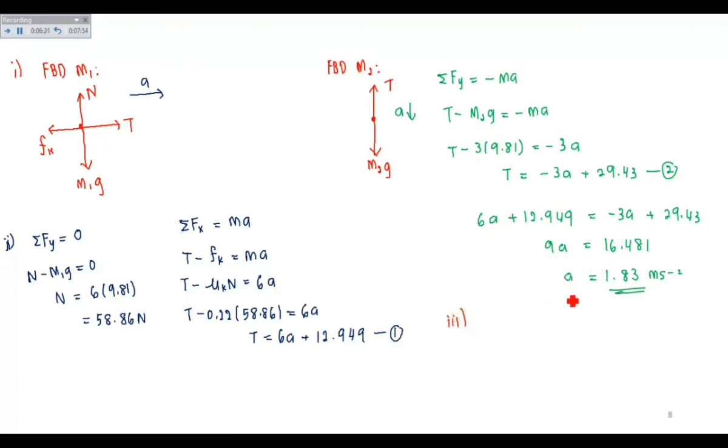So saya masukkan value of A into first equation. So T equals to 6a plus 12.949. So 6 times 1.83 plus 12.949. So T is equal to 23.93 Newton.